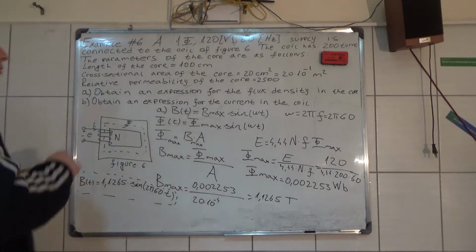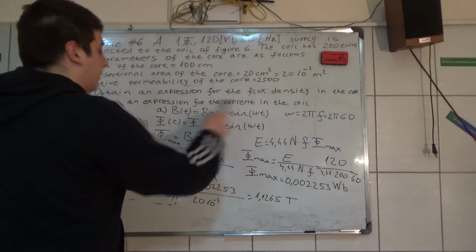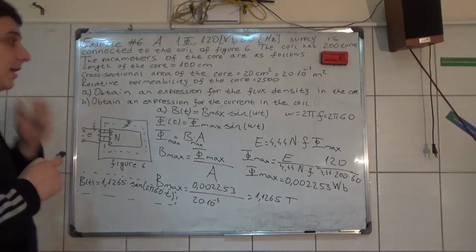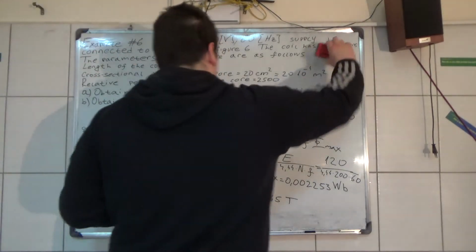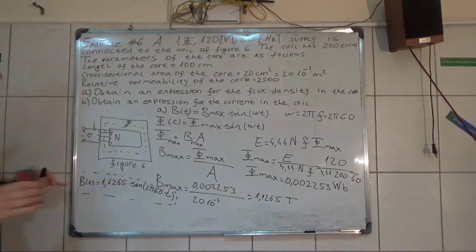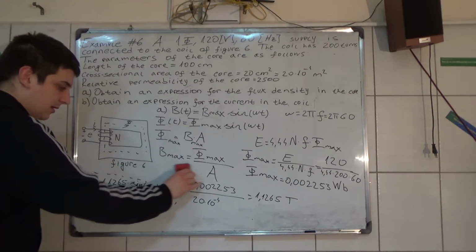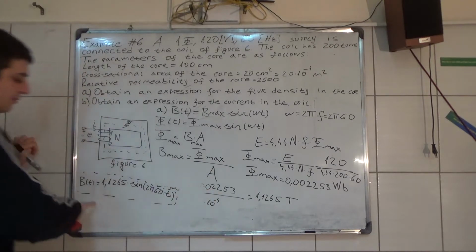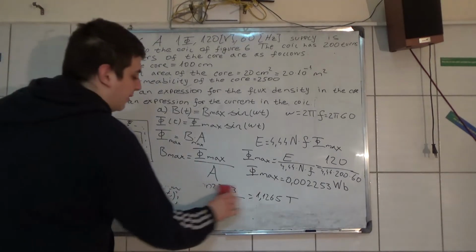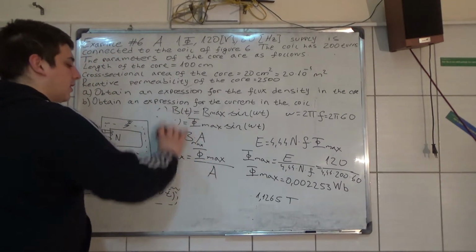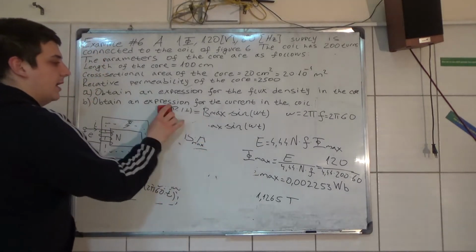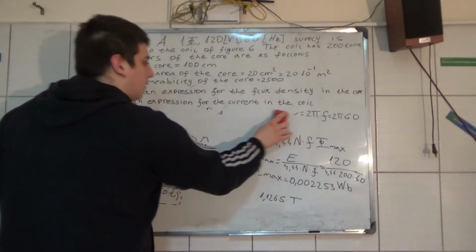Now I have to obtain the expression for the current in the coil. But now I'm just going to remove all this except this expression for the flux density. I need space.